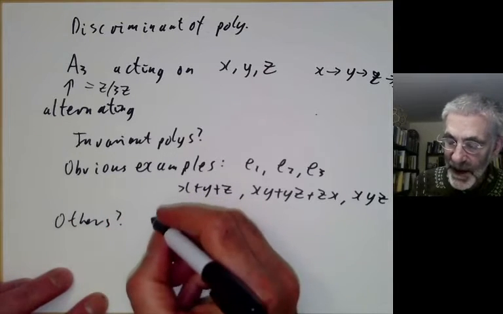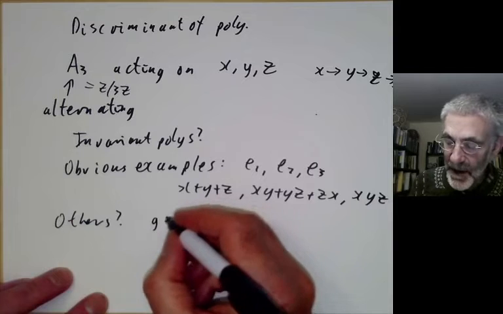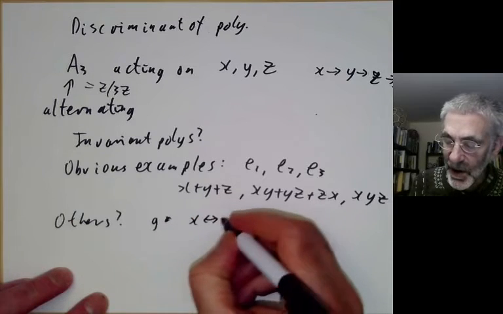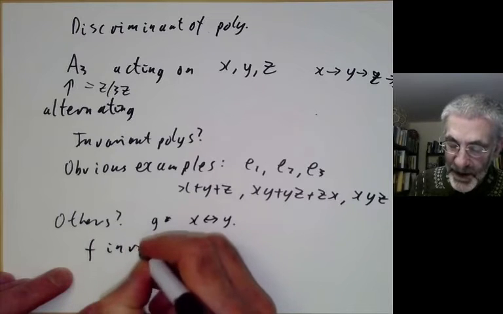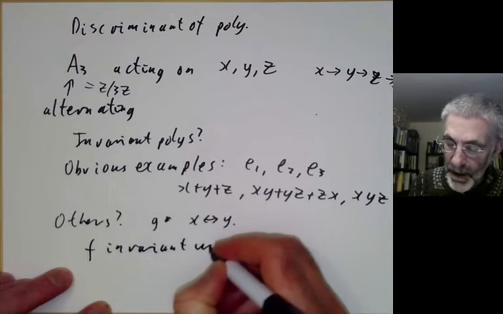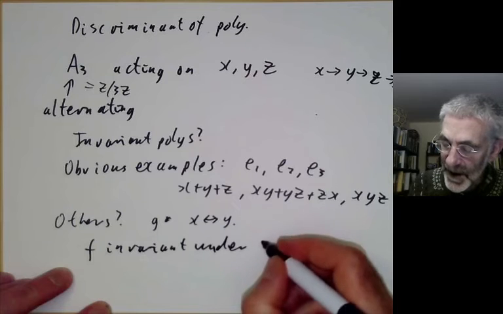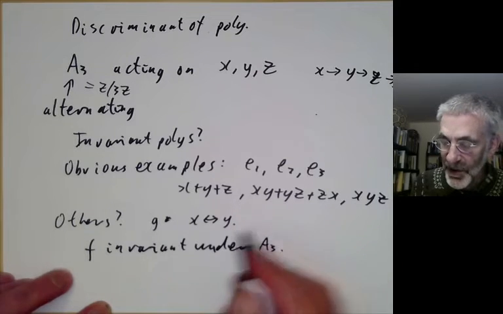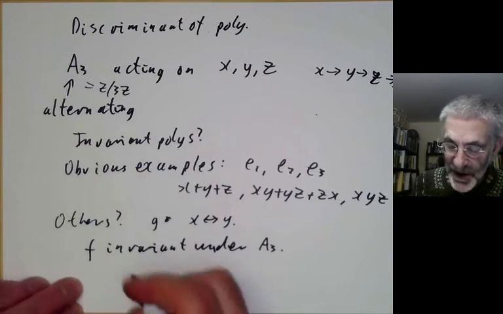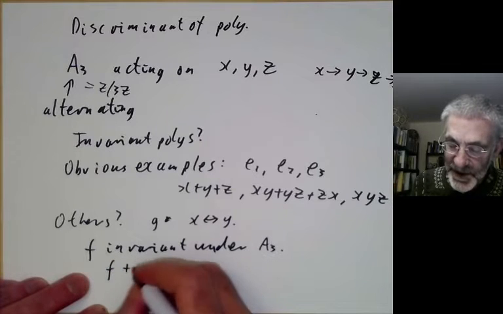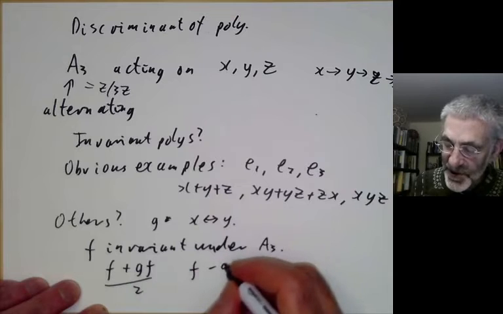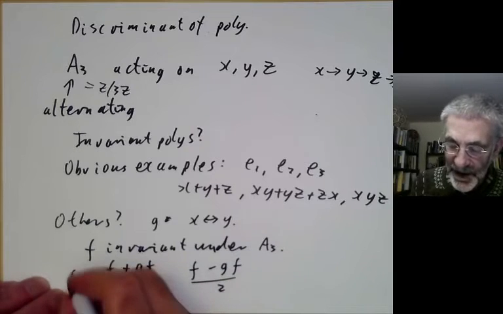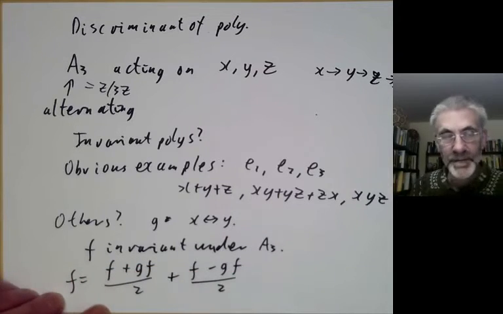Well, suppose we look at the element g, which just switches x and y. And suppose f is invariant under A3, but not necessarily under the whole of S3. Then we can look at (f plus gf) over 2 and (f minus gf) over 2, and f will be the sum of these.